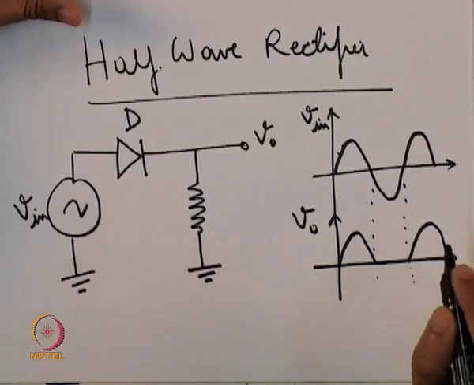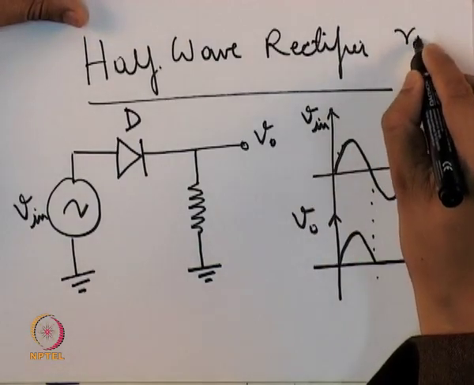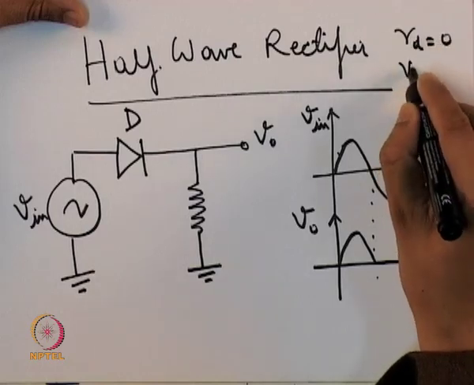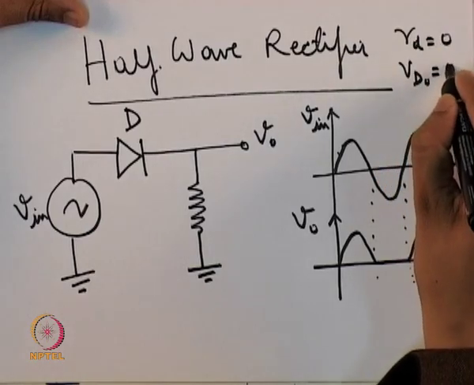For an ideal diode, the resistance R d is equal to 0 and the threshold voltage is also equal to 0.